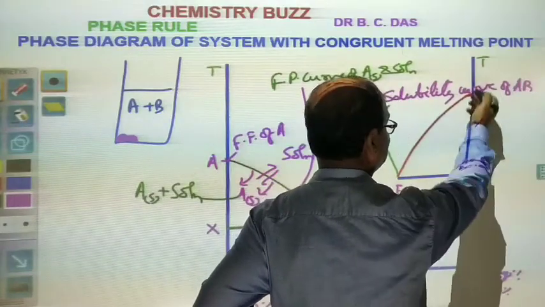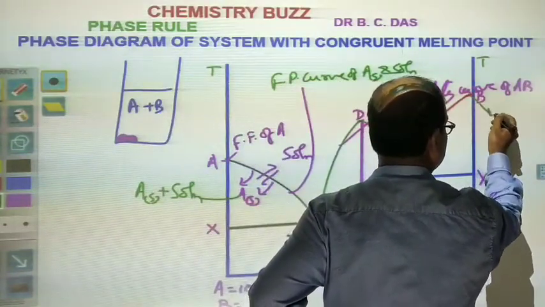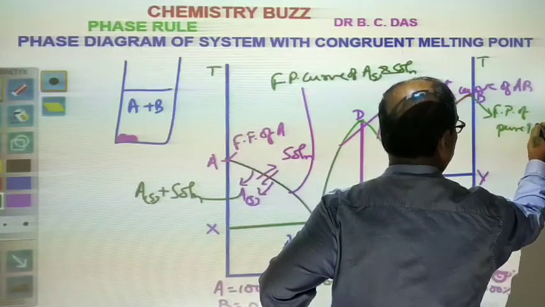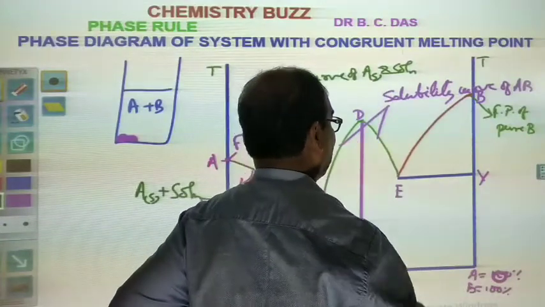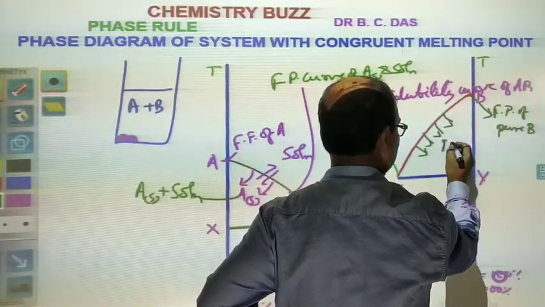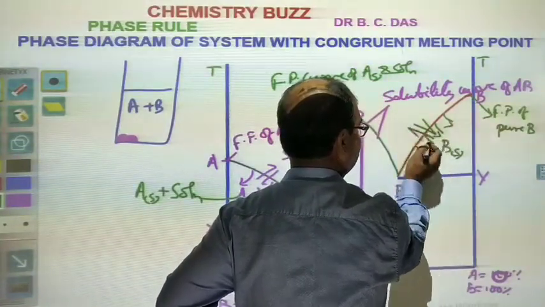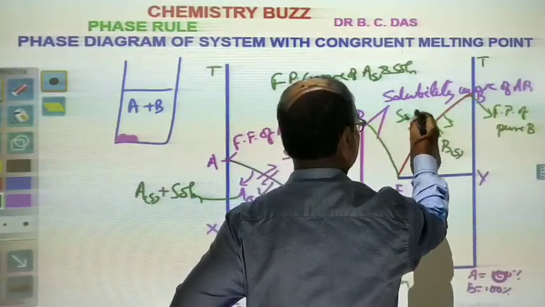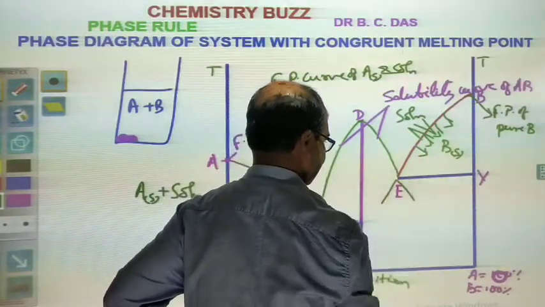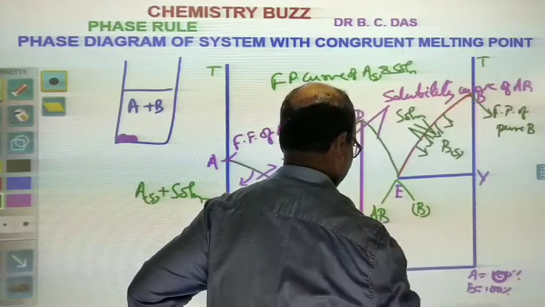Again, if you take this point B, this is the freezing point of pure B, and in this region you get the solidification of B. Any point on this curve is in equilibrium with the solution of A. And the point E is also a eutectic point, where solid AB and solid B are formed.